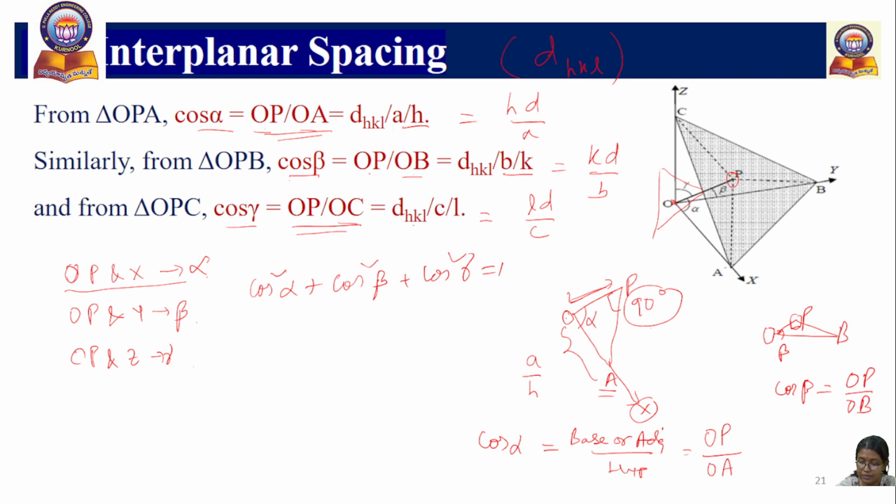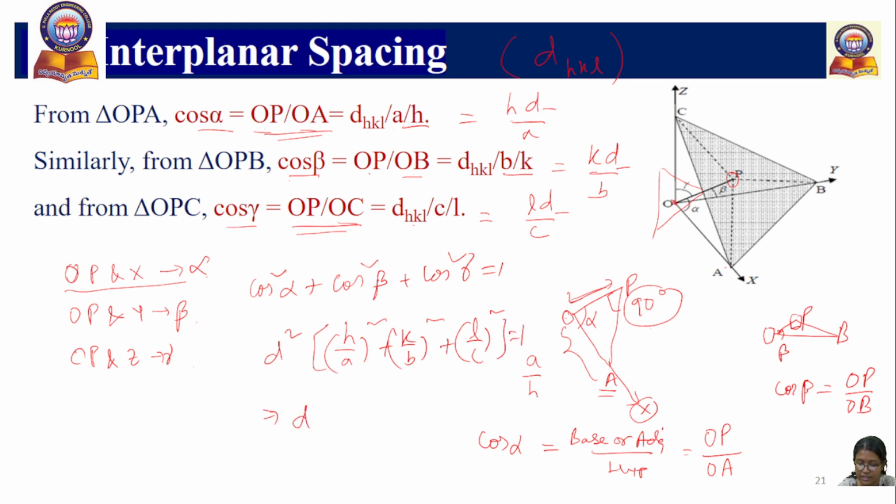So everywhere d is common. Can we take d outside? Yes, d square is common. H by a whole square, plus k by b whole square, plus l by c whole square, gives you 1.